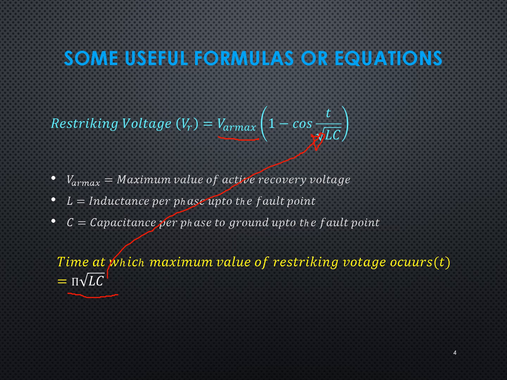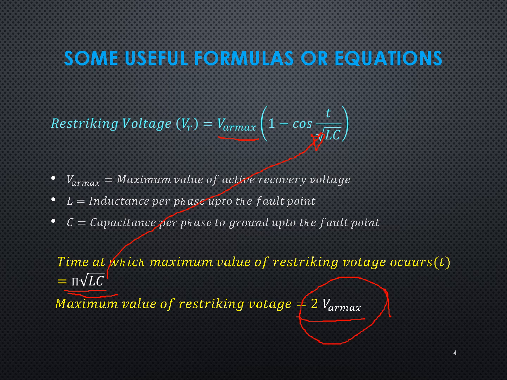So in that condition, restriking voltage is equal to twice VAR max. We have to keep in mind the time at which the maximum value of restriking voltage occurs, that is pi root LC, and corresponding to this time the maximum value is twice VAR max, or twice the maximum value of active recovery voltage.